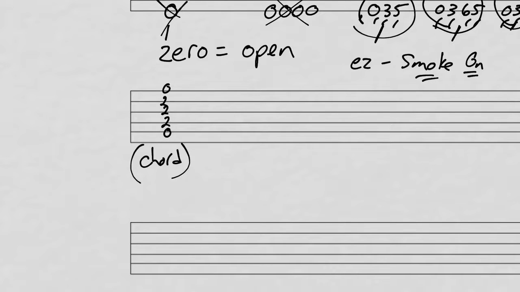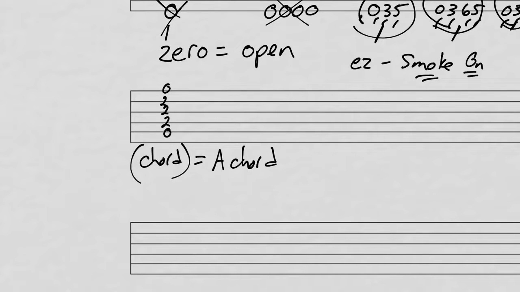Whenever you see things stacked on top of each other, it means you're going to play them all at the same time. You have to ask yourself, what chord do you know that would have 3 notes on the 2nd fret, on the 2nd, 3rd, and 4th strings, and then you'd play the 1st string and the 5th string open? And the answer would be, do you know it? The A chord. What you're looking at right there is what the A chord would look like in tablature.